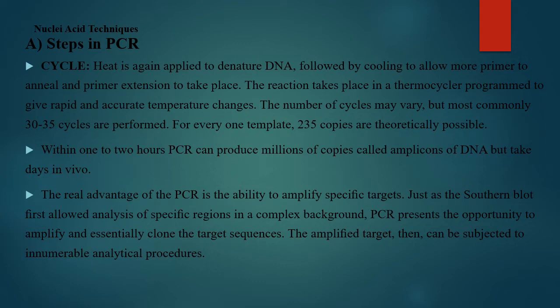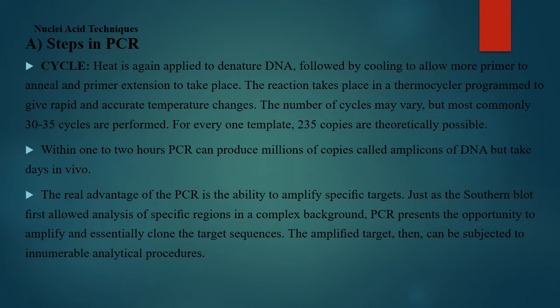But if you want to do the same in vivo, it will take a very long time. Now the real advantage of the PCR is the ability to amplify specific targets. So we pick a particular section and we reproduce it. Just as the Southern blot first allowed analysis of specific regions in a complex background. We'll come to the Southern blot later.